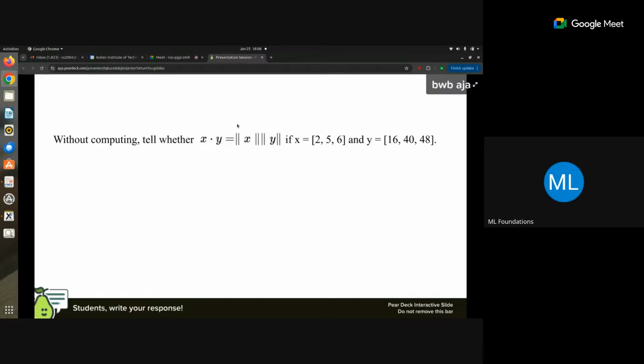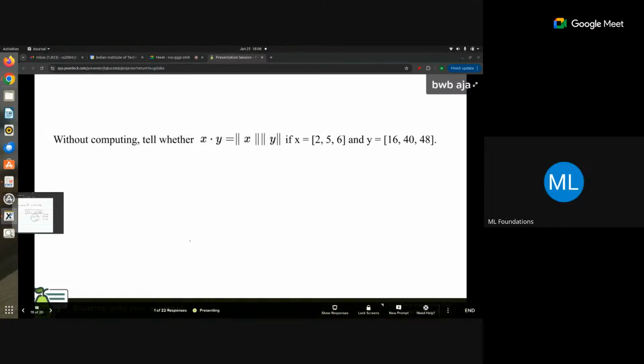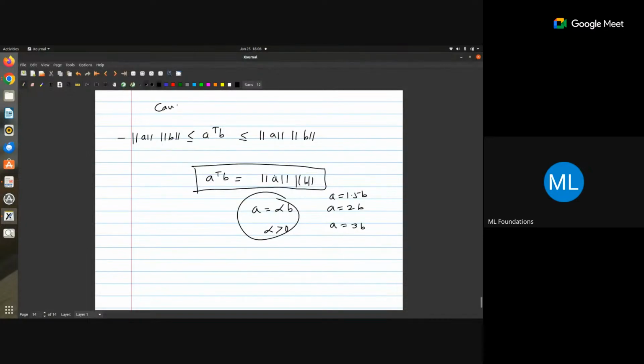Fine. One second, sir. Yeah, I'll show you this one first. This is the Cauchy-Schwarz inequality. I don't know the spelling, maybe it's like this.